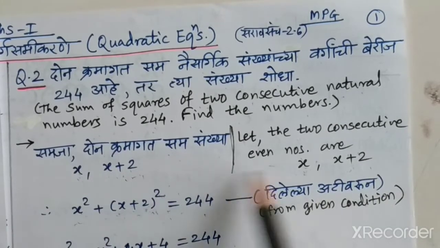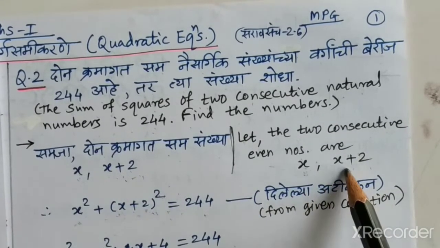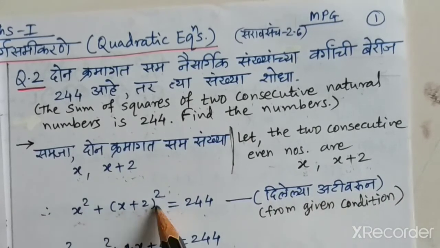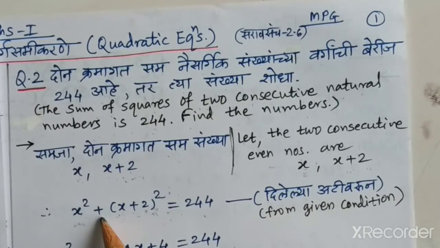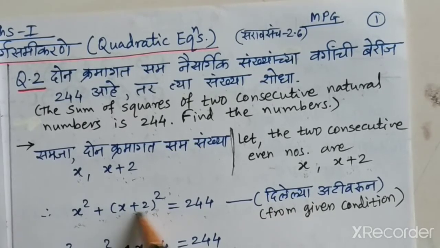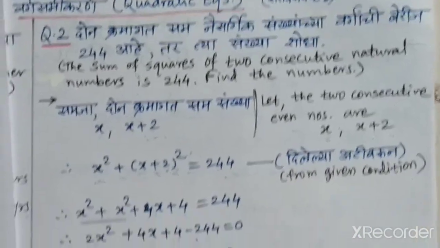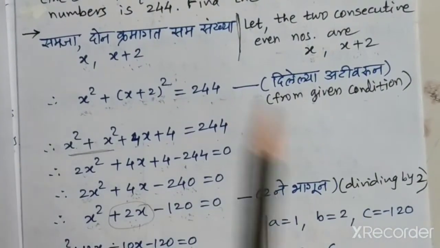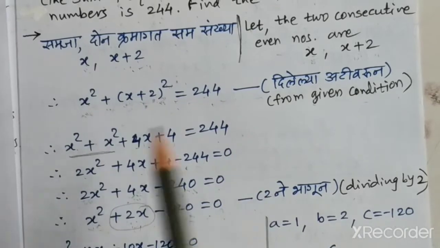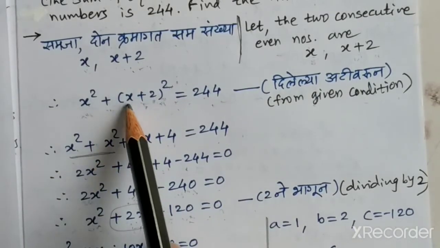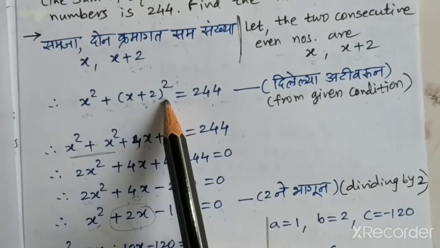Square of the first term is x square, square of the second is x plus 2 bracket square, and sum of squares means a plus sign is there. So the sum of squares of these two numbers is equal to 244. This is from the given condition. Now we have to solve this quadratic equation. x square as it is, and we expand this bracket square.